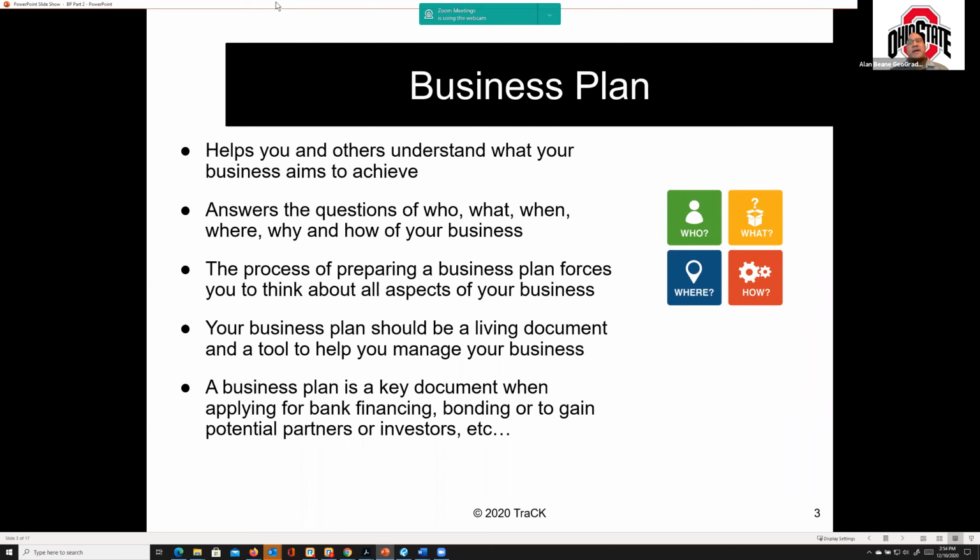And when I say living document, there are those of us who are just getting started and getting into business, and there are those of us who have maybe been in business for a little bit. What I mean by living is that in the business plan you're going to have certain projections or predictions, based on the money side of the business.